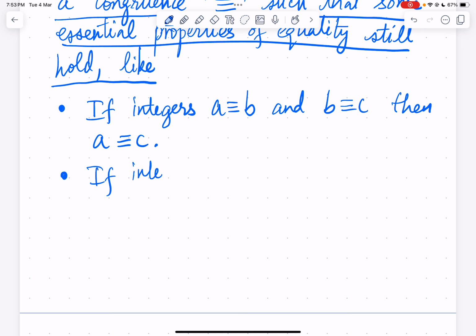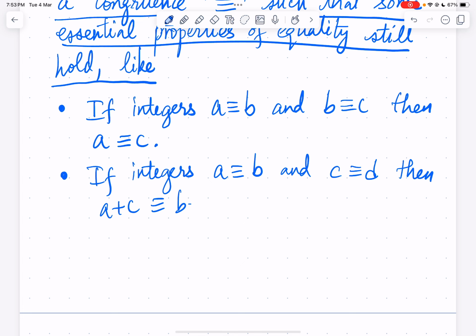We also want to be able to add congruences like we add equalities: if a is congruent to b and c is congruent to d, then a plus c is congruent to b plus d.